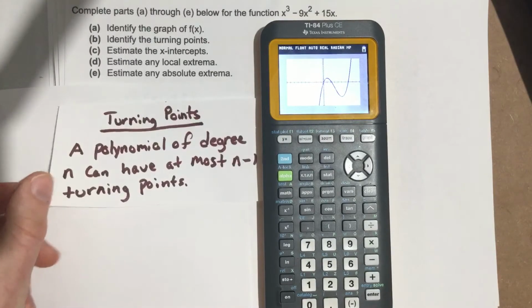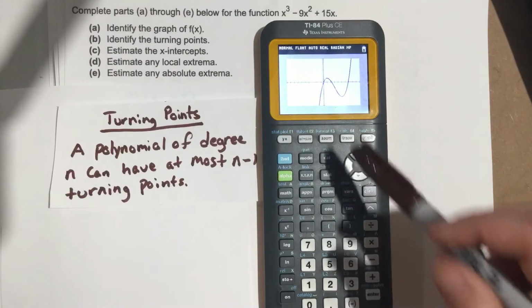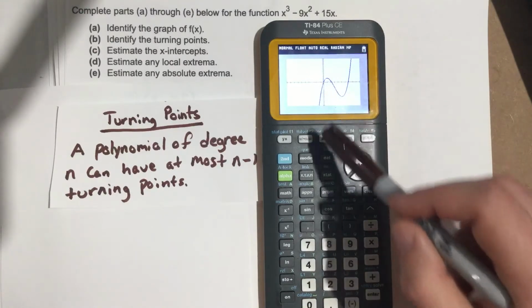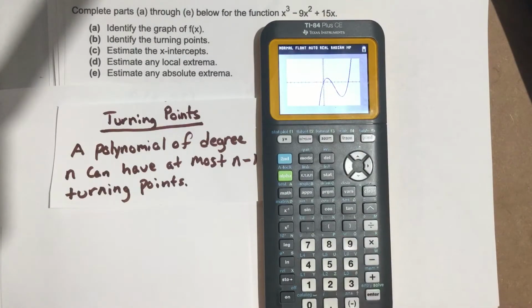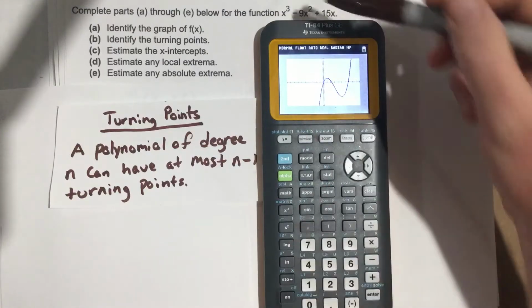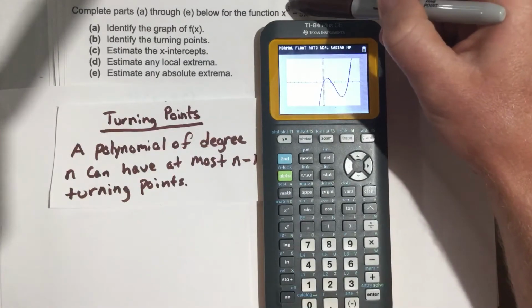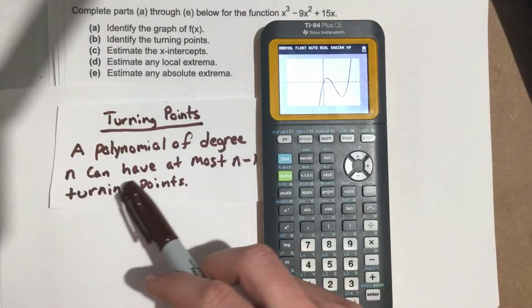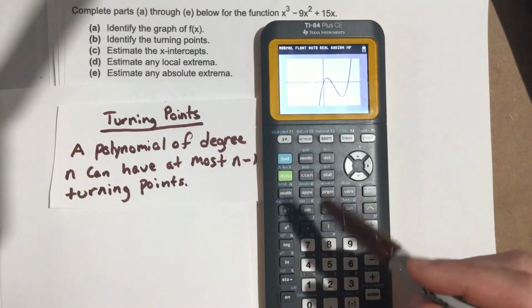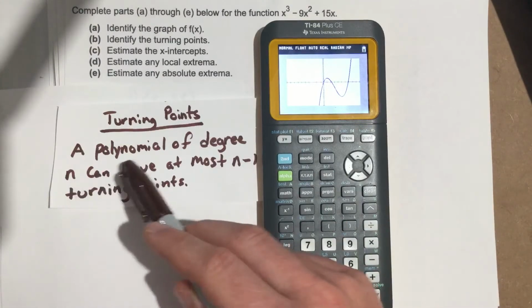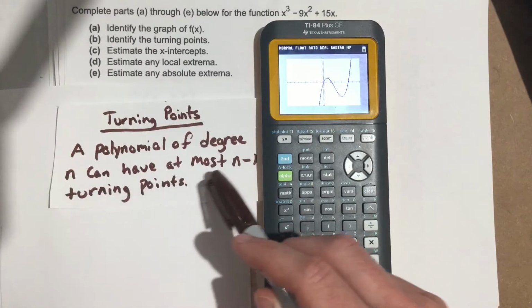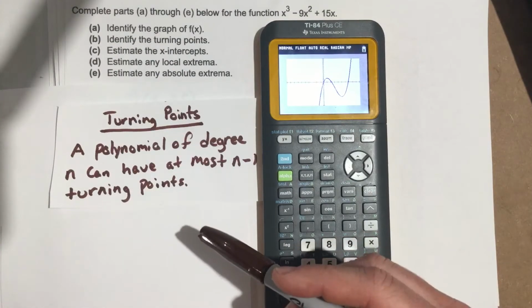The way I figured out that my graph wasn't complete when I was using the window button is I knew that because we have a degree 3, the most number of turning points we could have was 2. Obviously a polynomial of degree 3 can have at most 3 minus 1 turning points, which is 2.